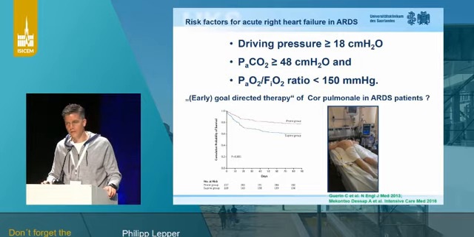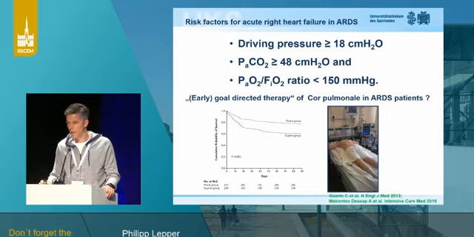There are clear risk factors for acute right heart failure in ARDS. Interestingly, these are all factors that we heard about in previous talks. The driving pressure, in this case over 18 centimeters of water, hypercapnia and bad oxygenation, especially in patients where the origin of ARDS is pneumonia, are problematic for the development of right heart failure.